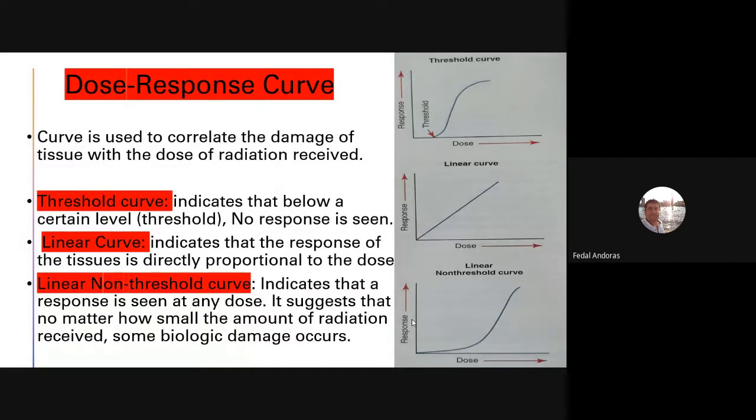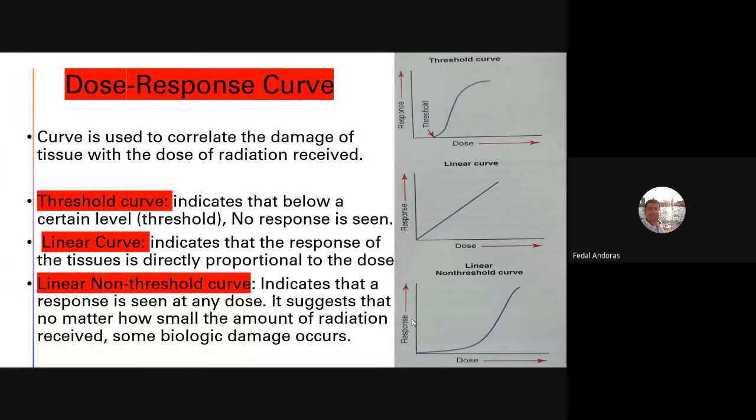That's why I am always saying don't expose yourself or the patient to radiation, because at such a dose the biological change could happen. But based on the non-threshold curve, it's not depending on the dose. If 10 people are irradiated, 9 of them might not get any change, 1 of them might get an effect or injury.